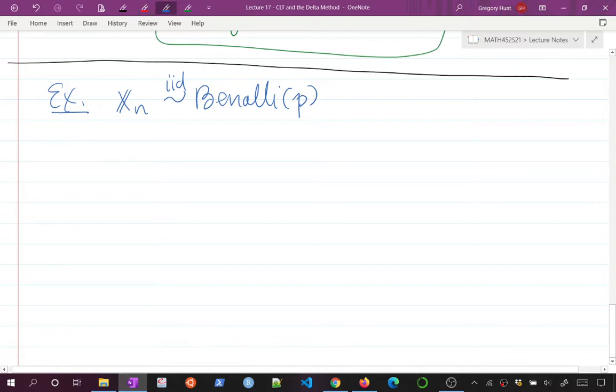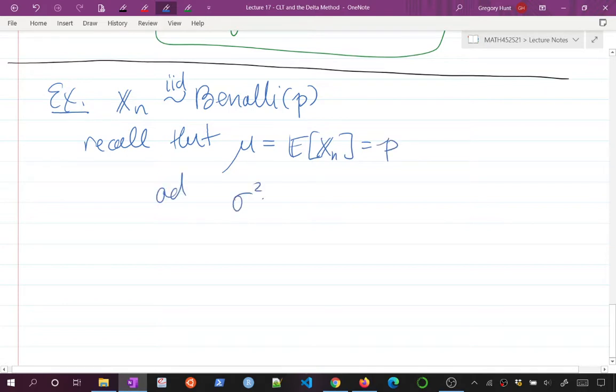And we can recall that here mu, which is just the expected value of any of these, is p, and our variance, which you might call sigma squared, which is the variance of any of these, is p times 1 minus p, right?